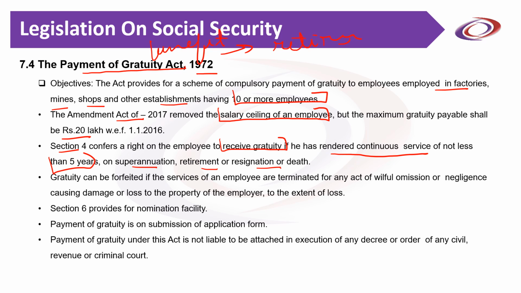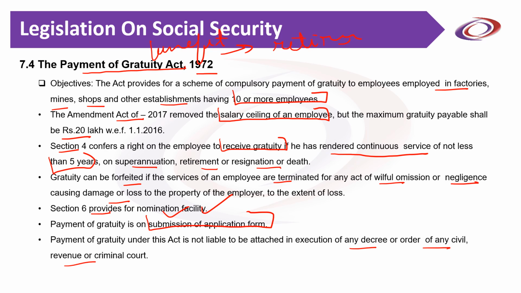Gratuity can also be forfeited if the services of the employee are terminated for any act of willful omission or negligence that causes damage or loss to the property of the employer. Section 6 provides for the nomination facility as well. Payment of gratuity is done on submission of an application form, and this amount is not liable to be attached in execution of any decree or order of any civil, revenue, or criminal court.